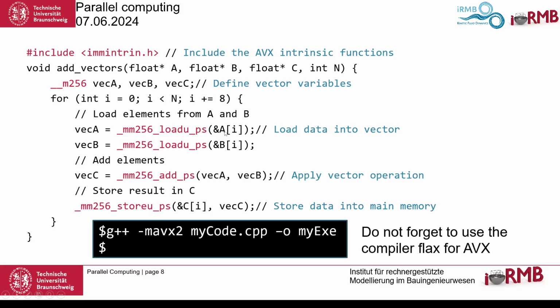We take the first element of A at index i and generate a vector from this, so a pointer to this particular element. We do the same thing for B, and then we add the vectors.